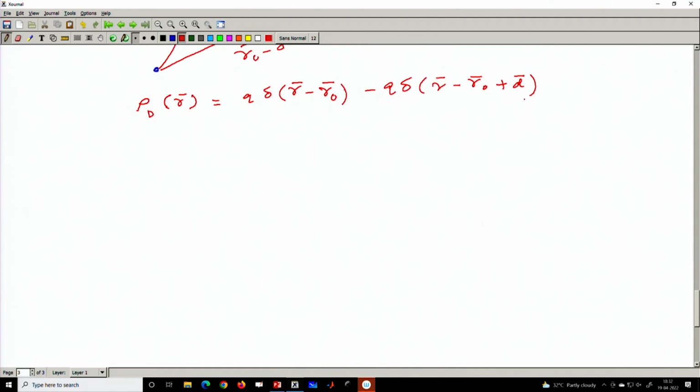Now, d is very small, tending to almost 0, so I can make a Taylor series expansion here, because the delta function is a function, and any function can be expanded in a Taylor series.